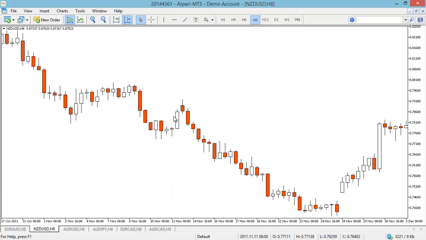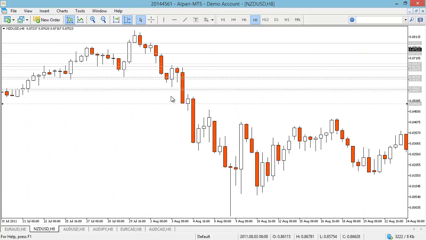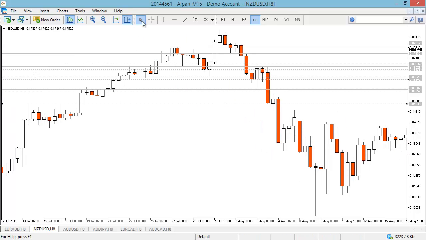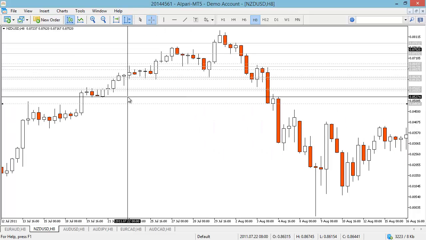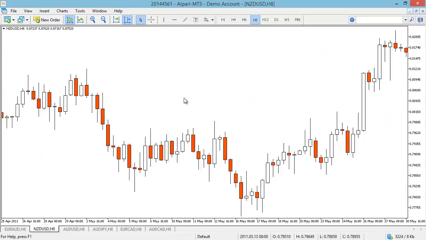And we haven't really got much past data for this, to be honest. This is back in 2011. So last time price was through here was in 2011.